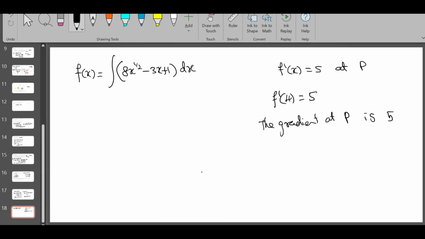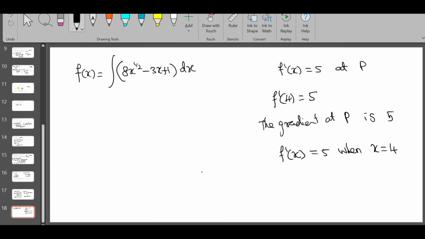So you need to know x is equal to the x coordinate of p, f dash of x is 5. Or they can simply say f dash of x is equal to 5 when x is equal to 4. These are all different ways they can give the same condition.